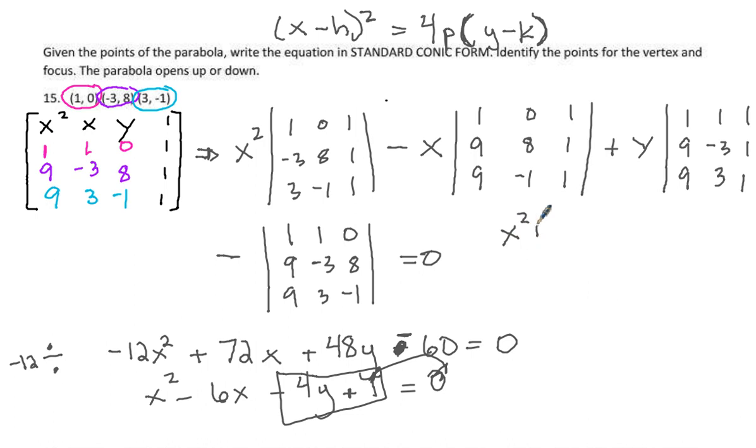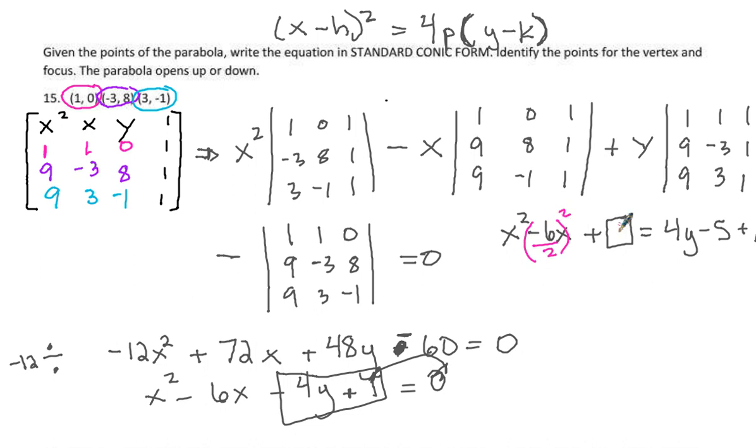So I get x squared minus 6x plus a box. This is what I do when I complete the square: I add something over here, equals 4y minus 5 plus that same box. I just added a box to the right side. So what number goes in the box? We take half of this term and square it.